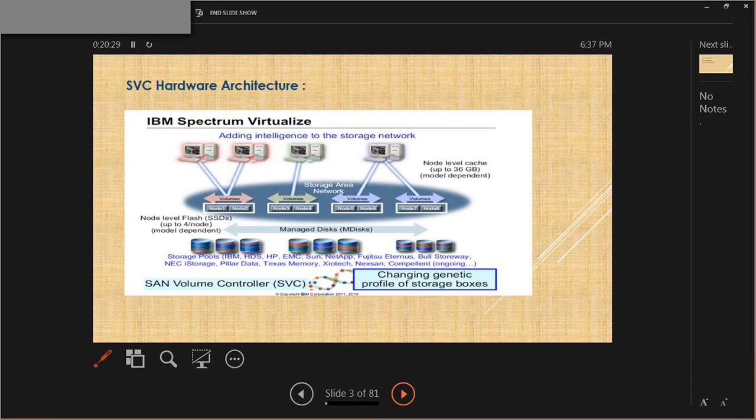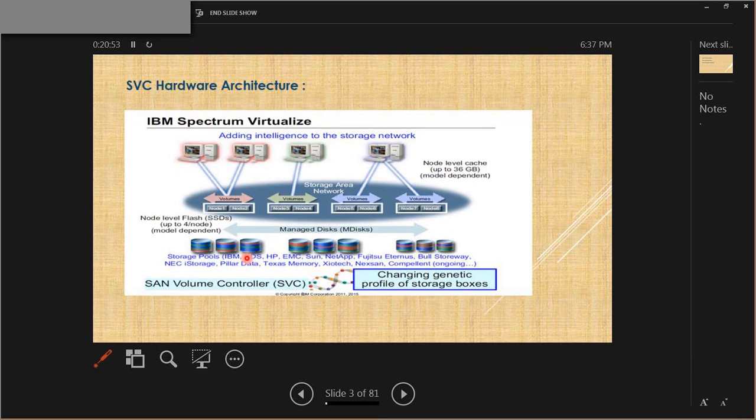Then we have the Spectrum Virtualize layer, which is the middle layer, and on top we see the hosts that can be connected to SVC. So what we do here is provide storage space from the backend storage subsystems to SVC.